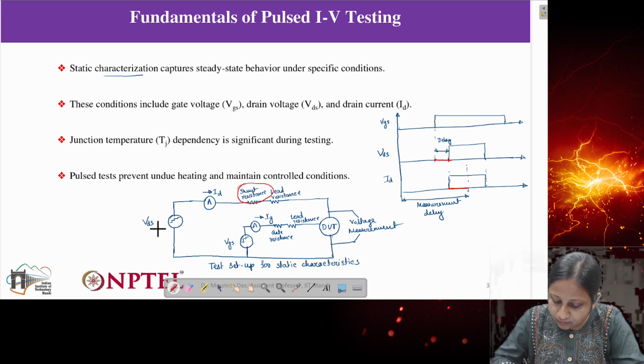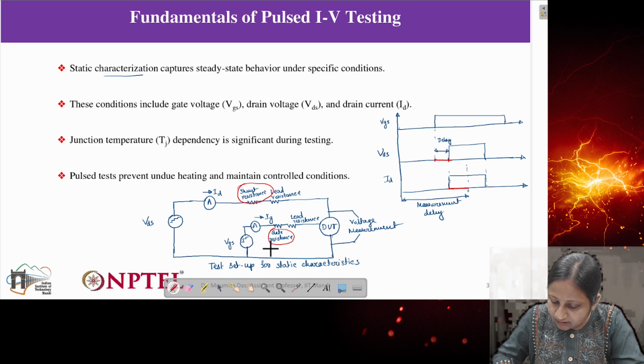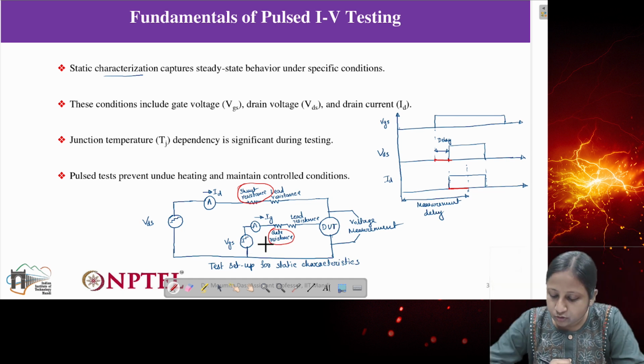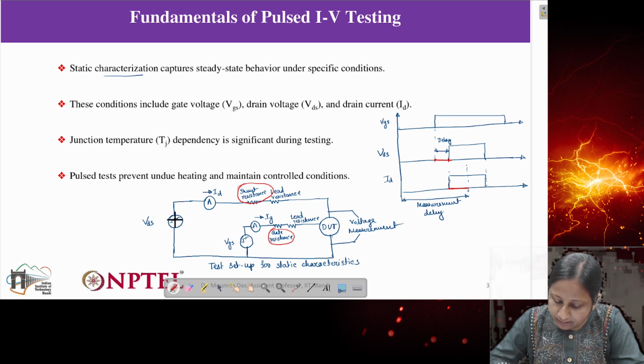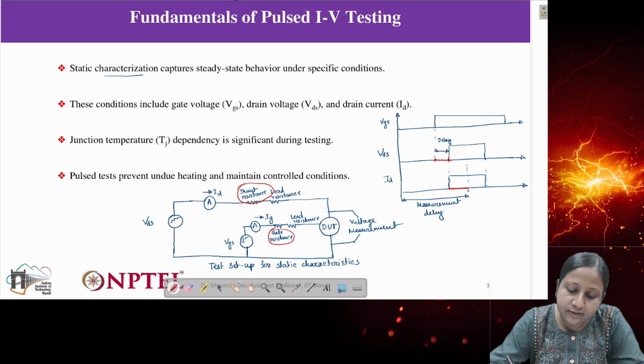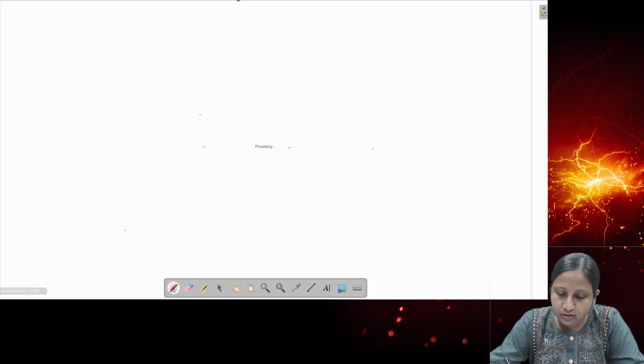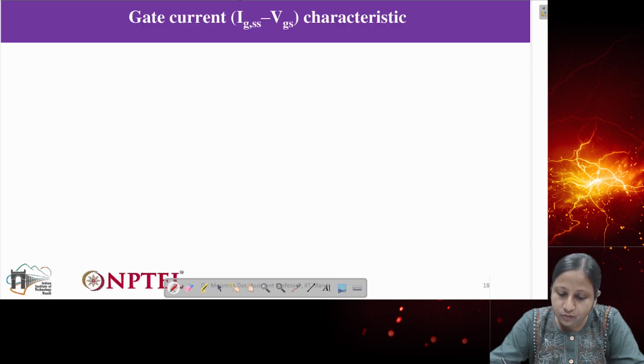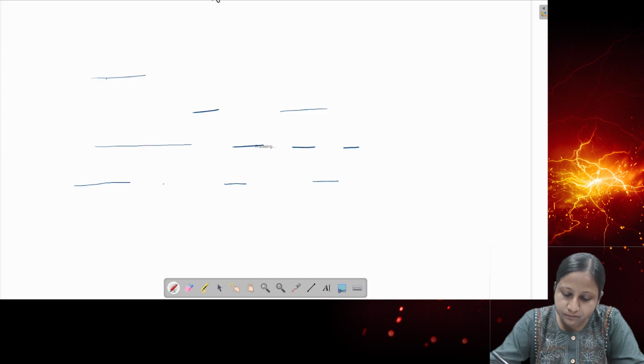This is the shunt resistance with respect to VDS. Here the gate resistance is placed, so this will give us IG. Basically the drain leakage current ID can be measured by this shunt resistance, and the gate current can be measured by this gate resistance. This same setup we can use for this characterization as well.